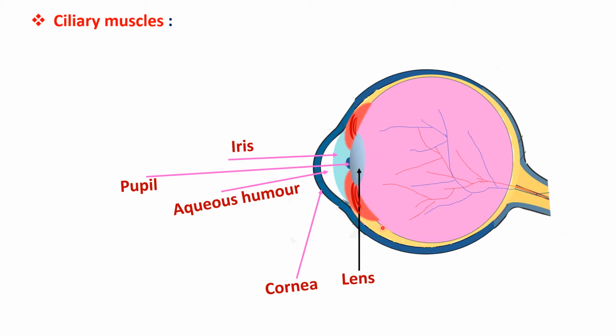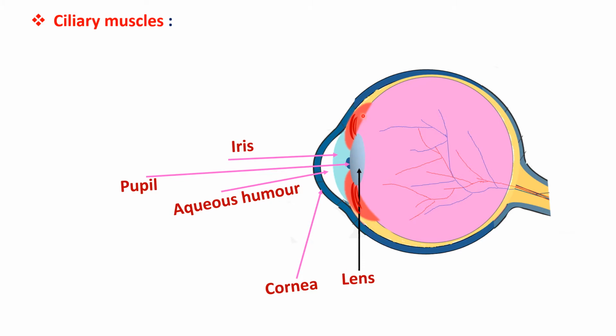That means the lens becomes thinner. When it becomes thinner means its curvature becomes less, hence its focal length will become maximum or more. So it is the ciliary muscles that adjust the focal length of the eye lens.